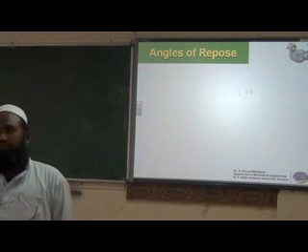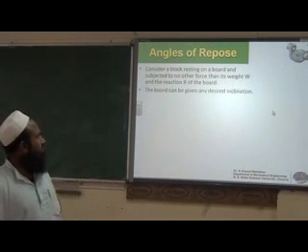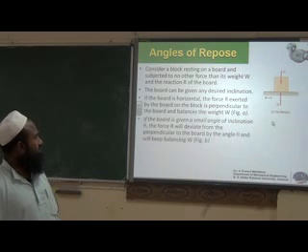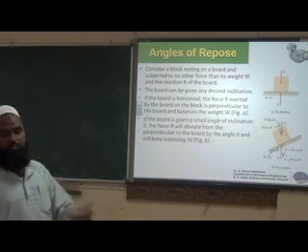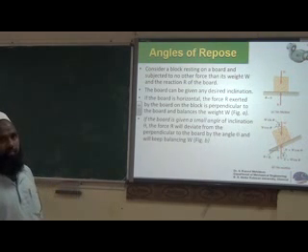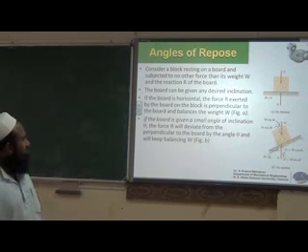Angle of repose. Say you have a body resting on an inclined surface. Now theta is 0. Suppose you have a small inclination, the block will remain stationary. We have a small inclination given by theta.